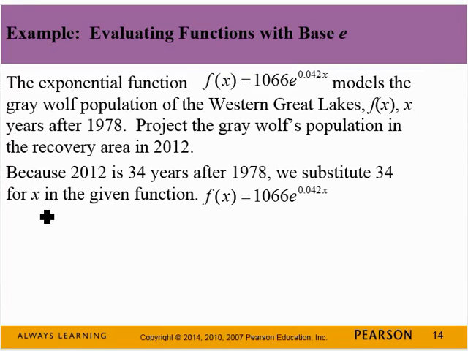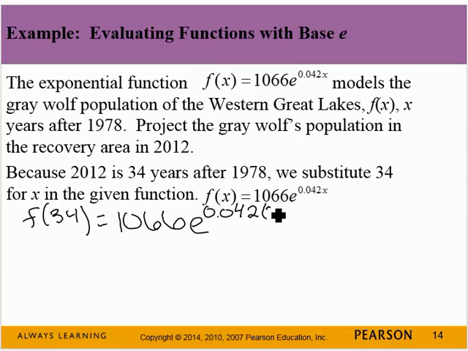So that means we're going to have f of 34 equals 1066 e to 0.042 times 34. We're going to plug that into the calculator and see what we get.